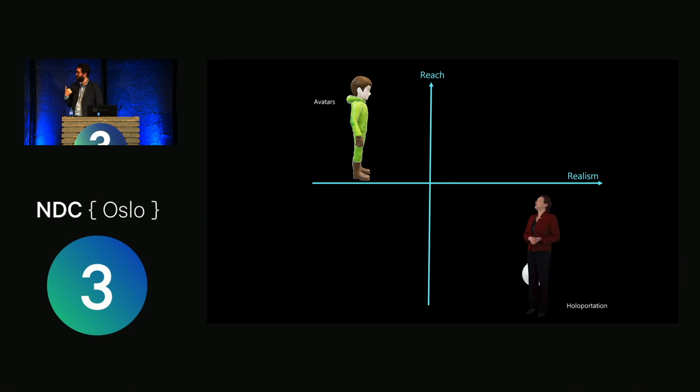On the other end of the spectrum, on the very realistic side, is holoportation, where you're capturing someone volumetrically in 3D. It's of course much more realistic. It's much more like being in the same room with someone, closer to the real life experience, but definitely trickier from a technical perspective. It's a lot more data that you're having to transmit, and it requires specialized hardware.